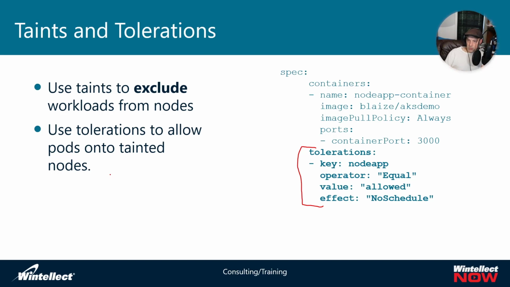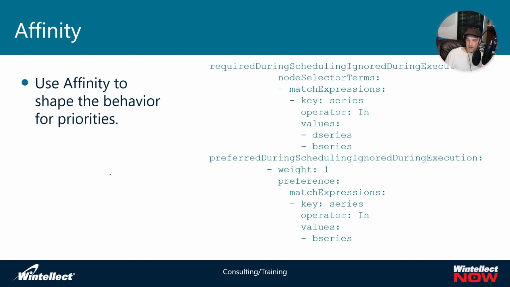Taints and tolerations are one way to exclude workloads from nodes. And node selectors are how to explicitly define workloads for specific nodes. There's another way to do this using something called affinity. An affinity is a way to shape behavior based on weights.